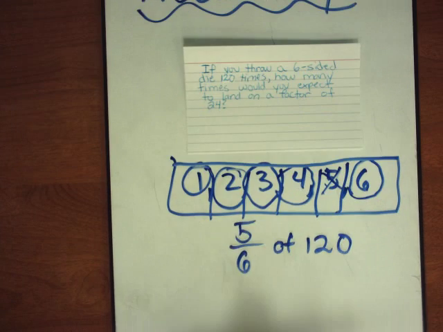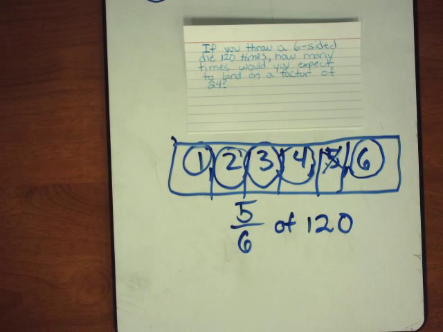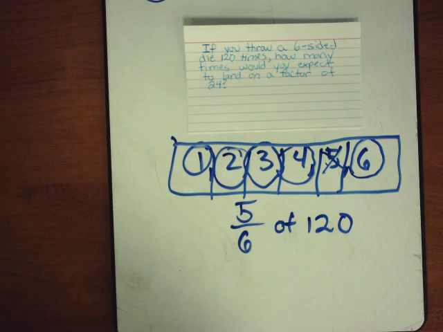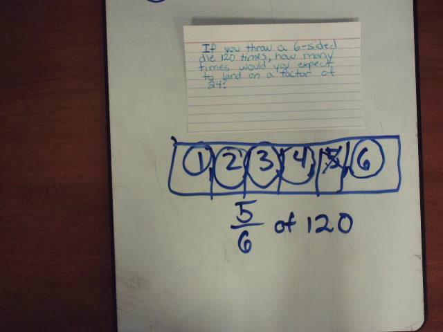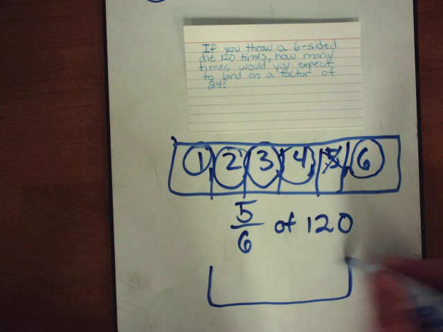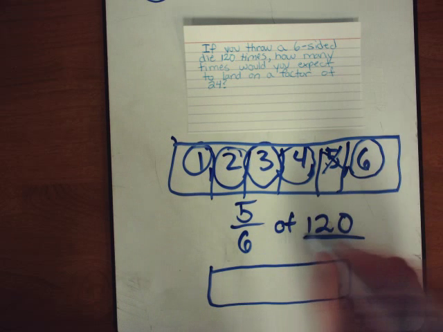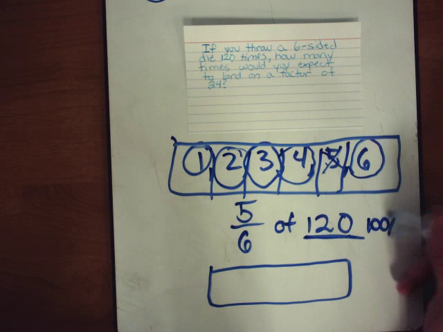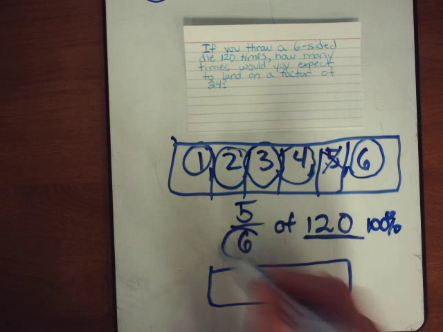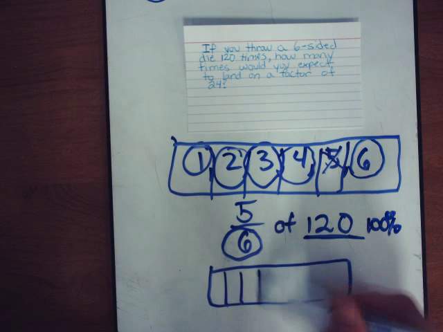Okay, what strategies are you thinking about right now? What are you thinking? Good, so I've got 120 as my whole, my 100%, right here, and I need to break it up into 6 pieces.